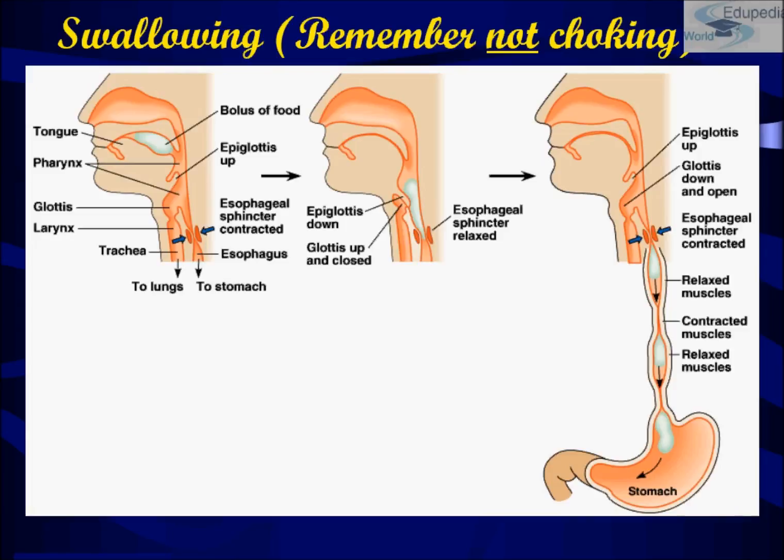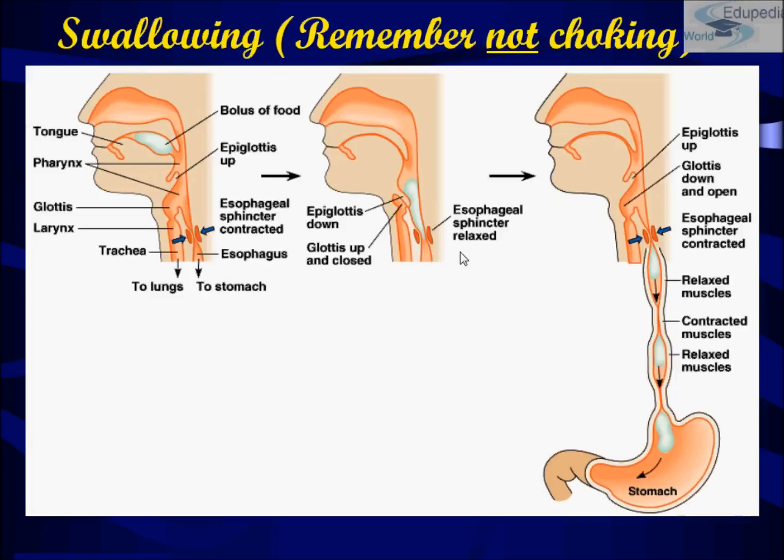so how does it take place? The second step is when this food bolus goes down the way, as you can see that it has reached here, then this epiglottis, which was in the up position, goes down. Okay, this is the epiglottis which got down, and the glottis is up and closed, and then the esophageal sphincter, which got contracted at the onset of the food bolus, got relaxed here.